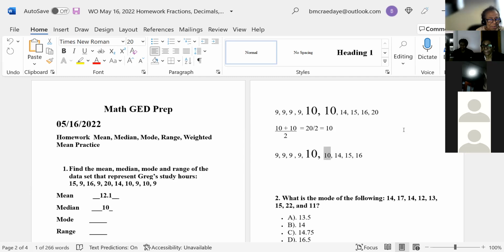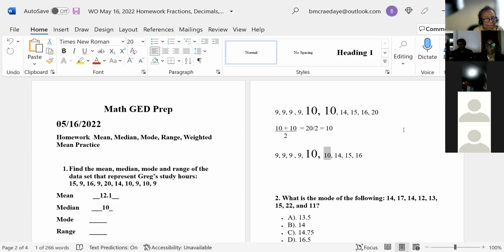I know a range is from high to low, but the mode, the mode is what? Michelle, do you remember? You said the mode is what, Michelle? Well, it's the lowest number, no, the range, from high to low.